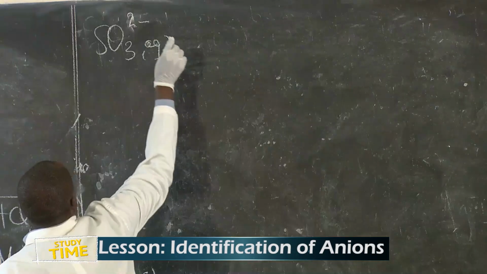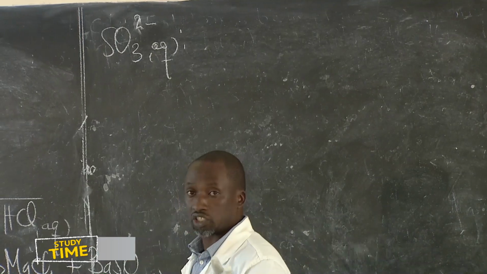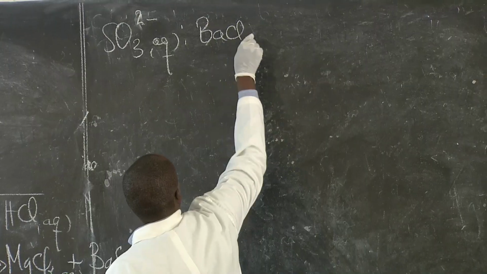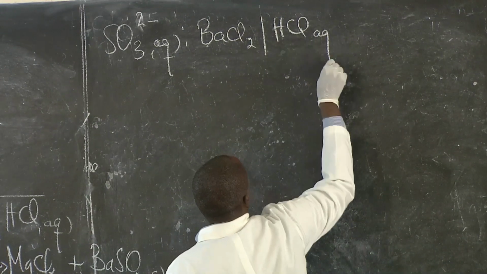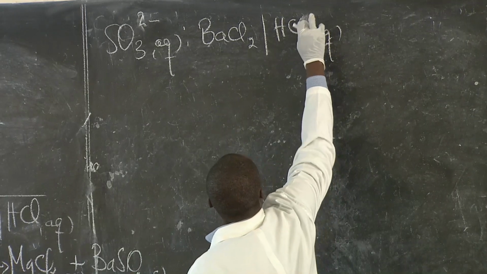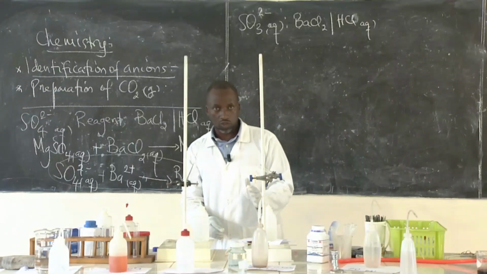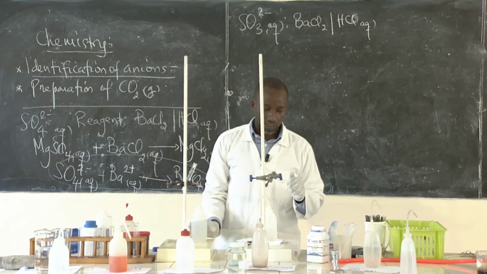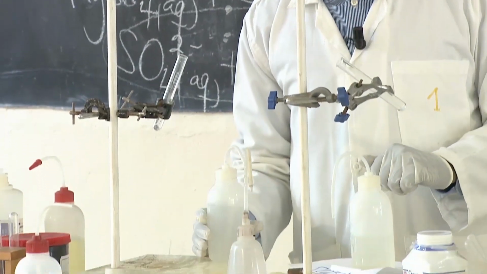For the sulfite ions, we are still using the same reagents. Remember, we are not changing the reagents. We are using barium chloride with the hydrochloric acid. Pay attention, please, and see what is going to happen. This is the solution containing the sulfite ions.